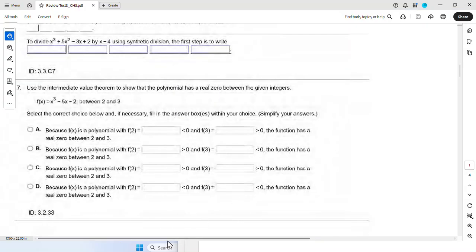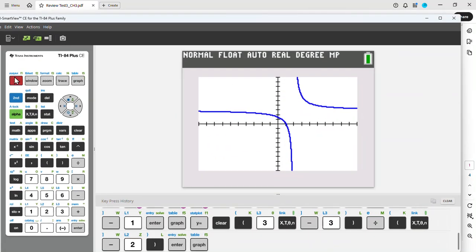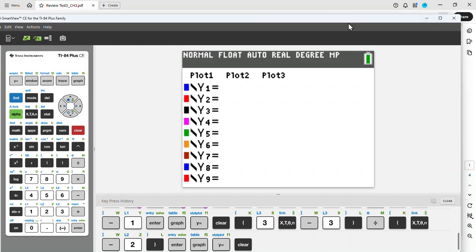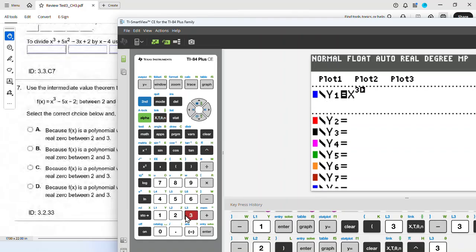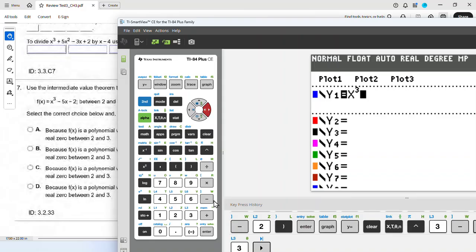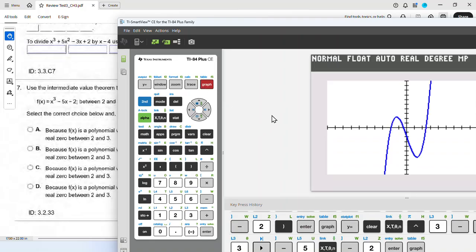And you can go graph it. If you don't really know what I mean here, we can graph it to verify that. x to the 3 power minus 5x minus 2.